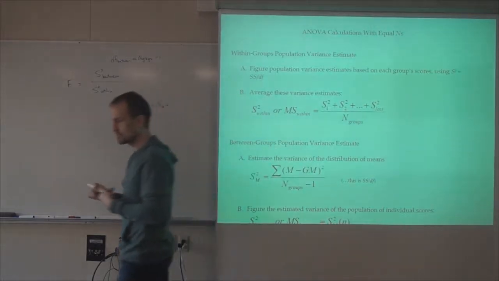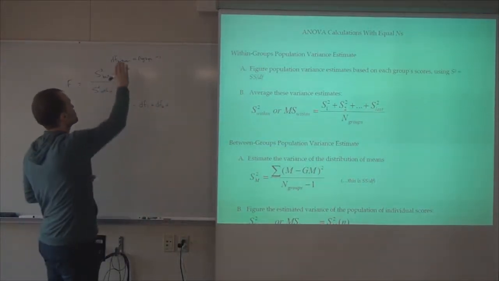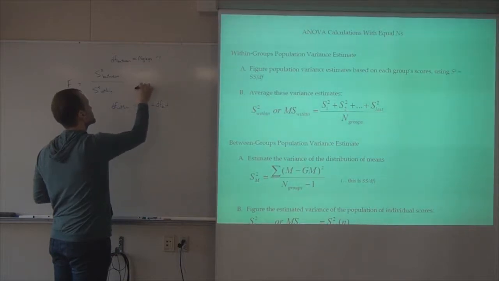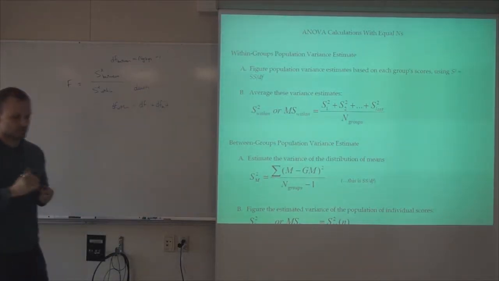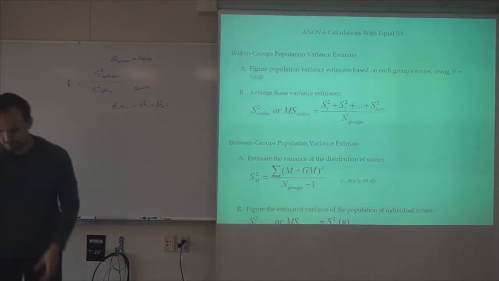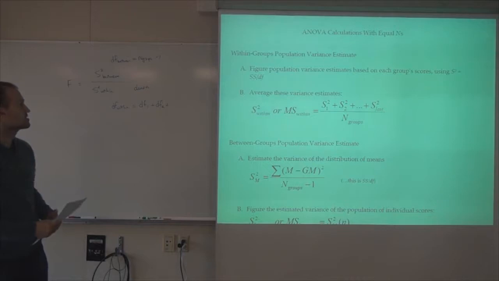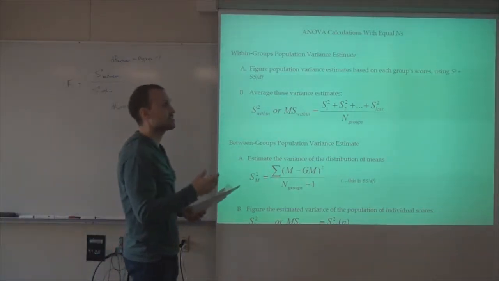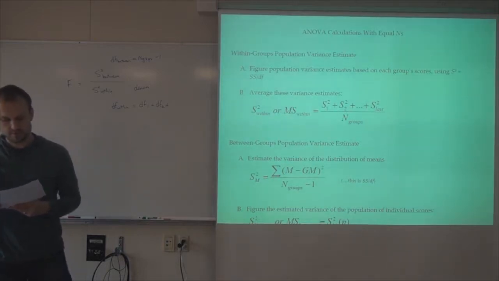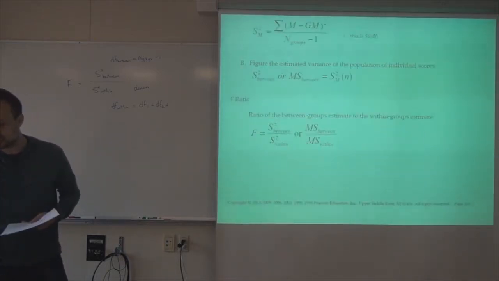So I have a numerator and the denominator. For both of those I need to look up my F cutoff value. I'll need both of those in the distribution.